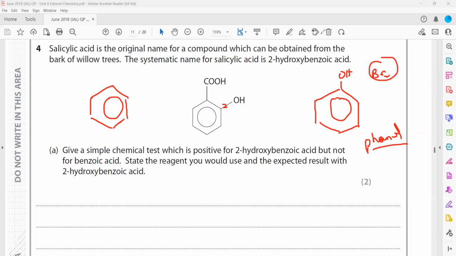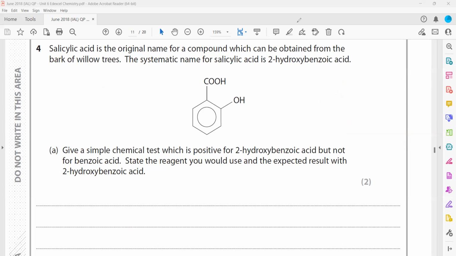It will turn from orange to colorless, and also a white precipitate forms if we add too much. So here add bromine. It will turn colorless.